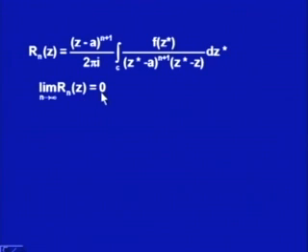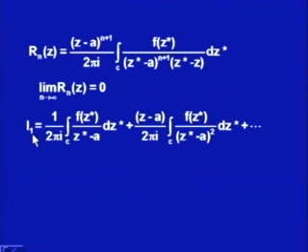Now, as we have done in the case of Taylor series, this expression will tend to 0 as n tends to infinity, and accordingly I1 will be 1 upon 2 pi i integral of f(z star) over (z star minus a) dz star plus (z minus a) divided by 2 pi i integral over C of f(z star) divided by (z star minus a) whole square dz star, and so on.